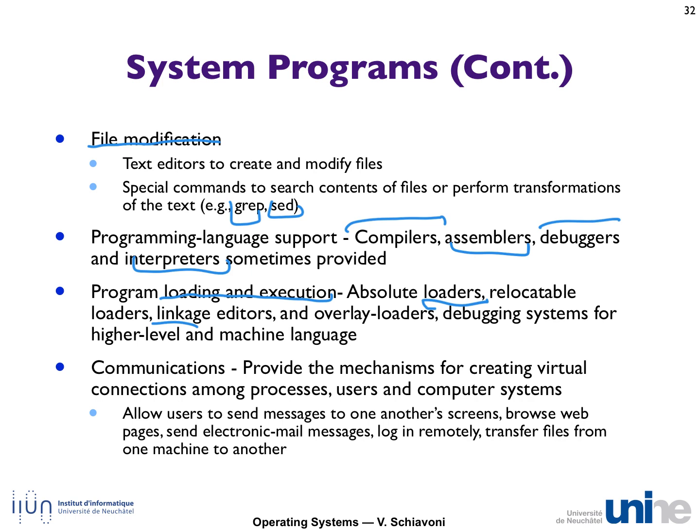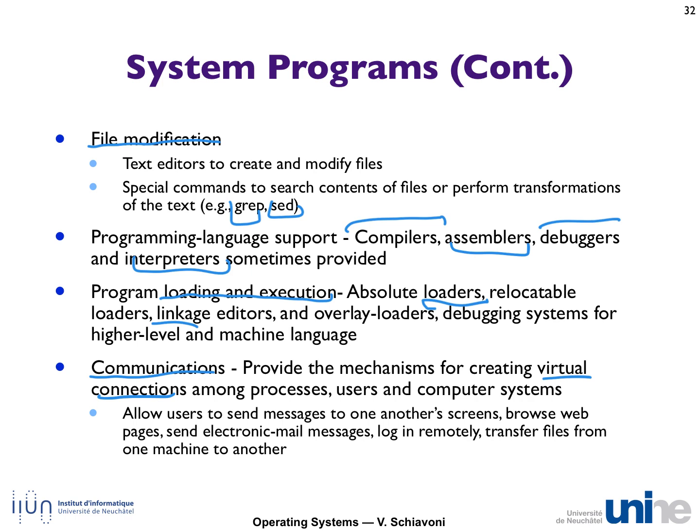And then there are other types of system programs that are dedicated to communication. For instance, they are able to establish, let's say, virtual communications between processes so that they can share messages.